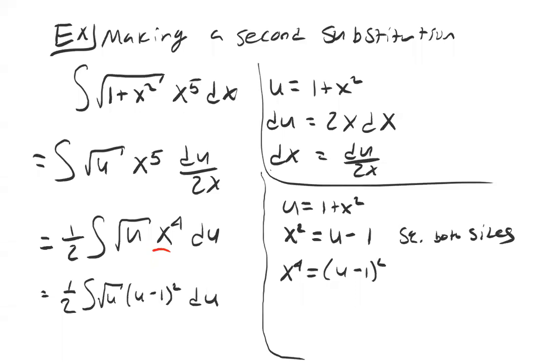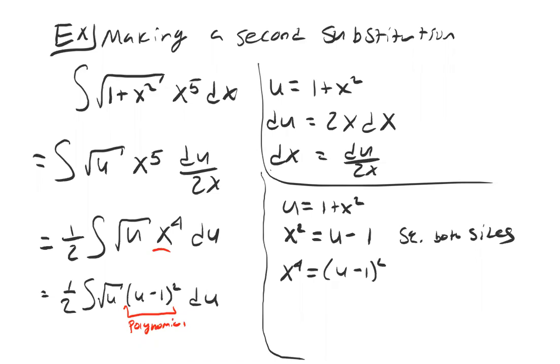But if you look at what's happening here, this thing here is a polynomial. And you have the square root in front of that, but if I expand all this, I'll be able to write this in terms of powers of u. So let's continue.